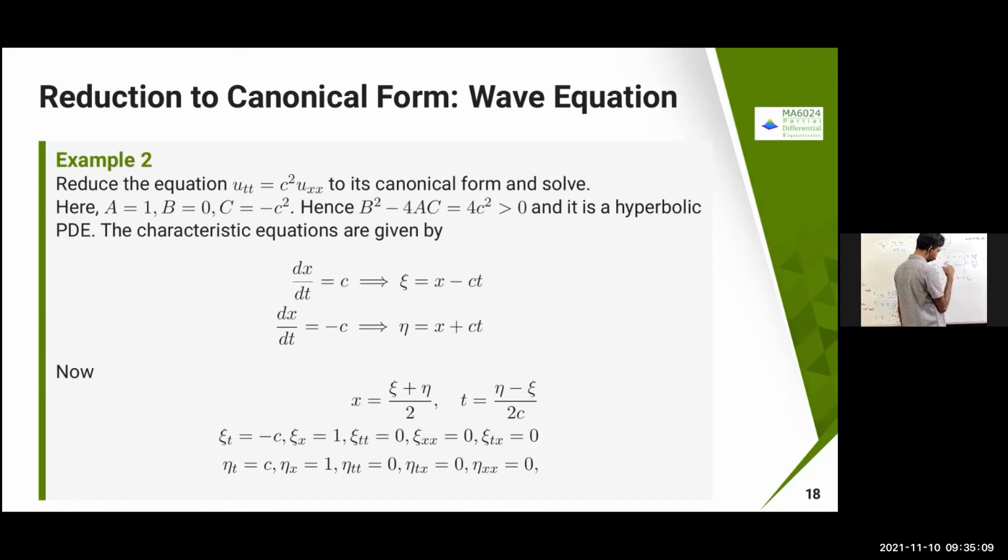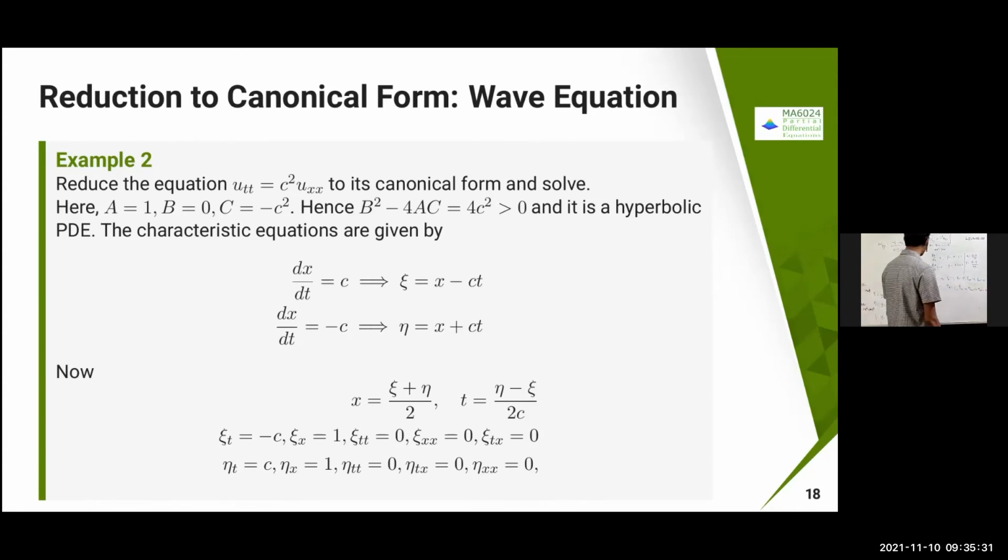Chi xx is going to become 0, and chi xt is also going to become 0. In the same way, eta t is going to be c, eta x is going to be 1, eta tt is going to be 0, eta xx is going to be 0, and eta xt is going to become 0.